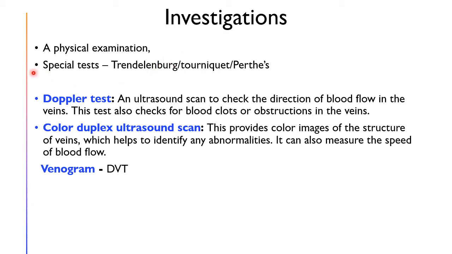Then this should be followed by some special tests, and the two important tests are the Trendelenburg test, also nowadays known as the tourniquet test, and Perthes' test. Many of these tests are now becoming less and less used because we have better methods of detecting varicose veins, such as the Doppler test and the color duplex ultrasound scan.